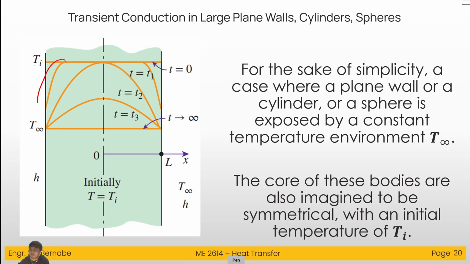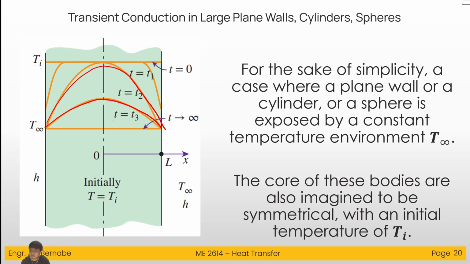As you can see, the temperature will be affected here. So the surface will cool down, but the temperature within the body won't really be affected at first. So this is T equal to T1. This is just an approximate value for, let's say, a few seconds, a few minutes. And after a while, the temperature will get closer and closer to the environmental temperature.